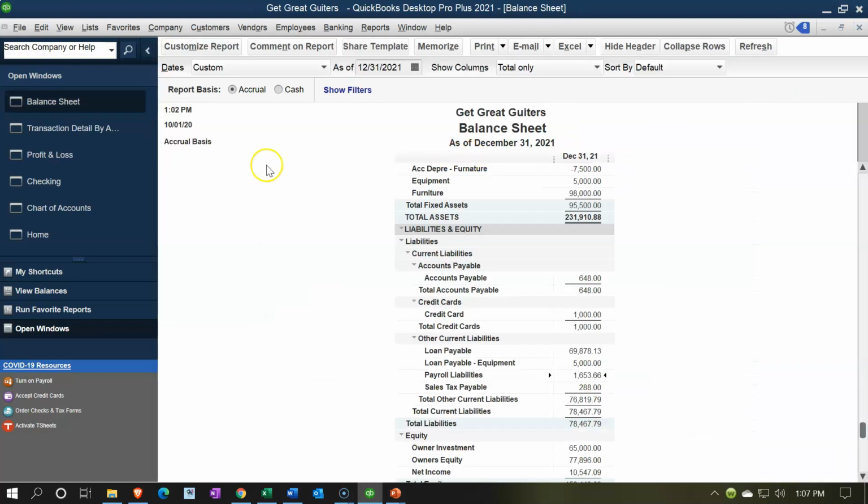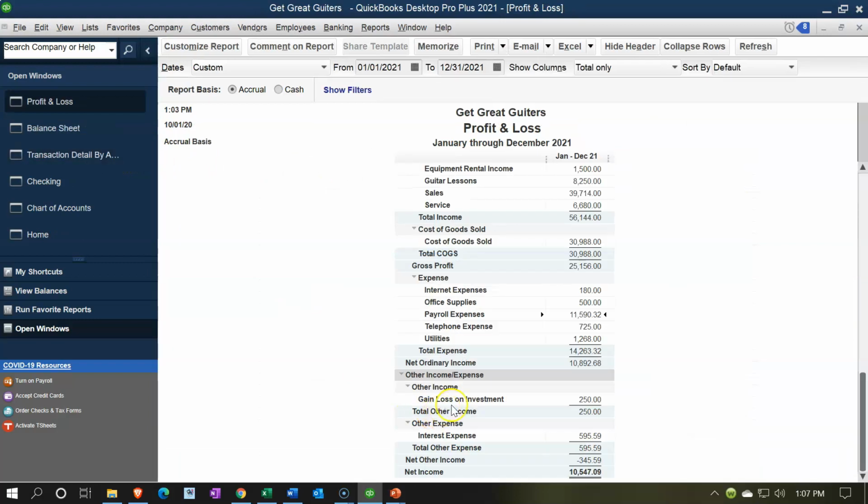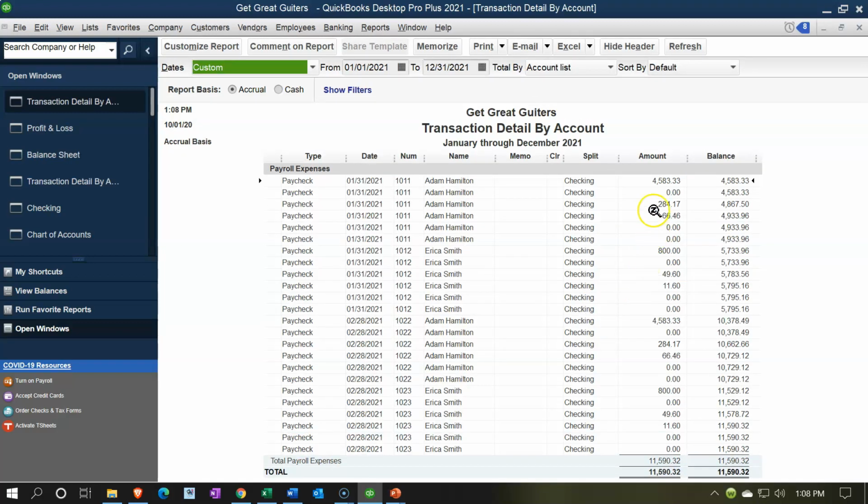And then the other side of that is going to be on the profit and loss. Now remember, we put it into payroll expenses, but some companies might break it out to payroll taxes. The part that would be broken out to payroll taxes is only the employer portion of the payroll taxes. So if I double click on this amount right here, the check to Adam, that's the gross check.